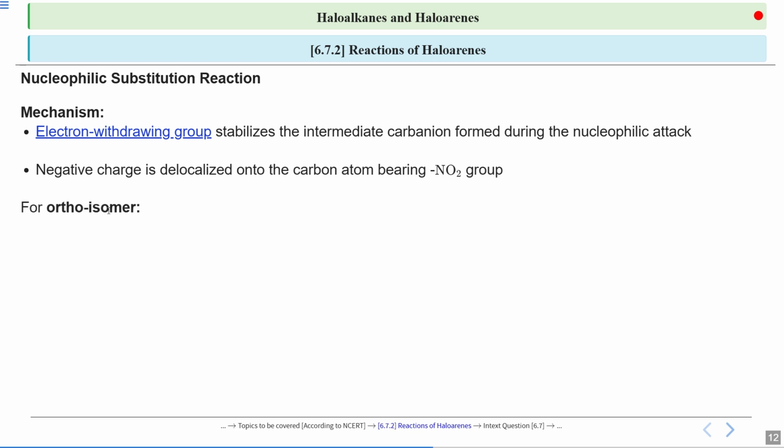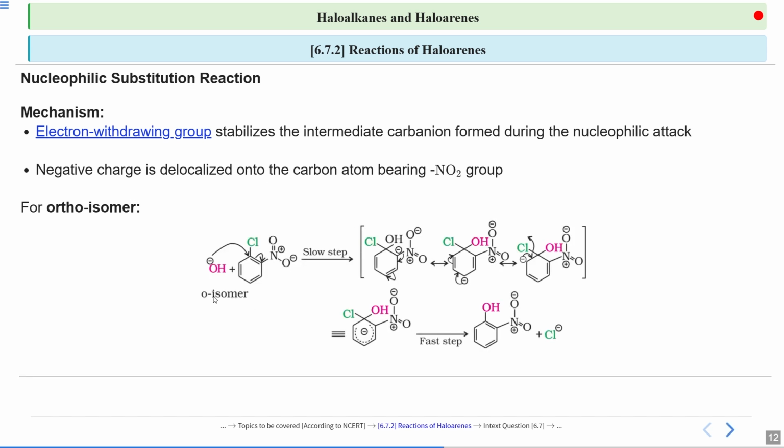So if you understand structurally, for the ortho isomer, at the ortho position we have NO2, at the para position chlorine, and at the ortho position you have NO2, which is the electron withdrawing group. What will happen? The nucleophile will attack the carbon in the benzene ring to which the chlorine is attached.